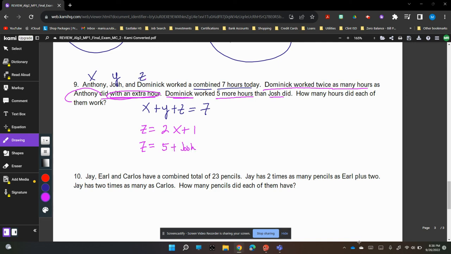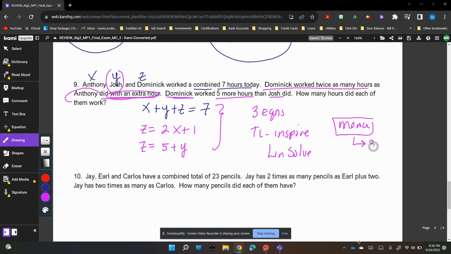But instead of Josh, we're going to represent him with the letter Y. Okay, now you've got 3 equations, which you can use the TI Inspire to solve using linear solve, which is menu, 3, 2, and then 3 equations. And you'll get the X, Y, and the Z answers.